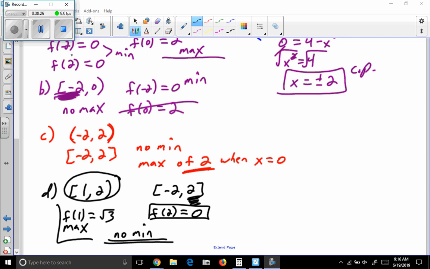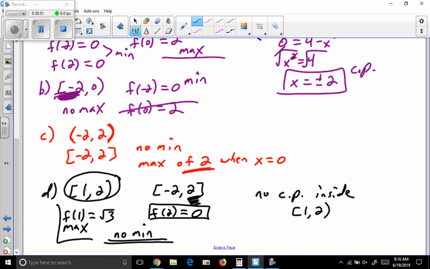So let's explain that one more time. If we check the edges, and remember for this interval there is no critical point inside the interval 1 to 2, then the only places that we can check for maximums or minimums will be on the edges.